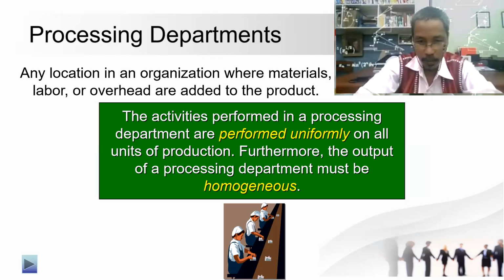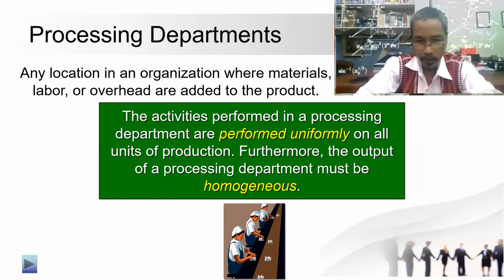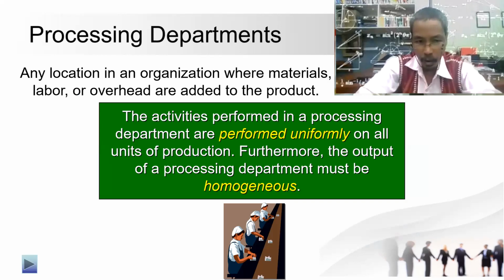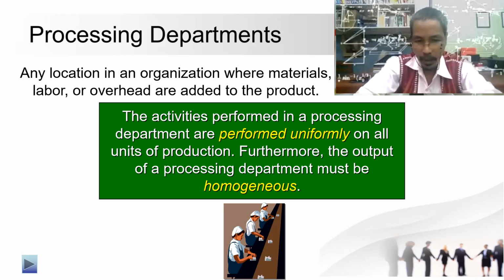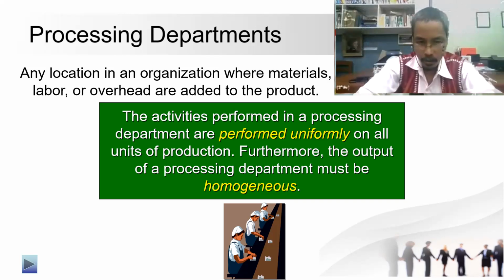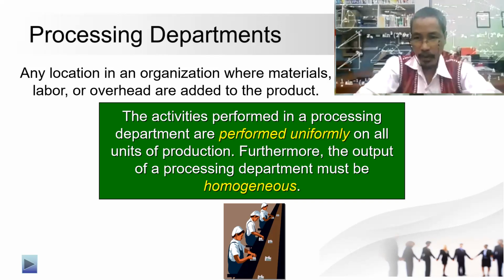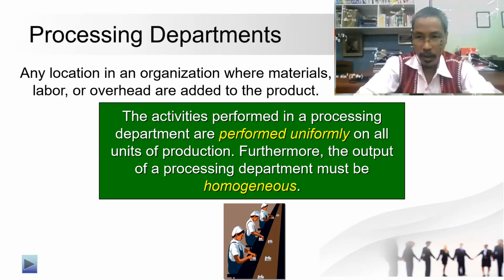The activities performed in a processing department are performed uniformly on all units of production. Furthermore, the output of the processing department must be homogeneous. Homogeneous meaning the same, with the same recipe, with the same characteristic.